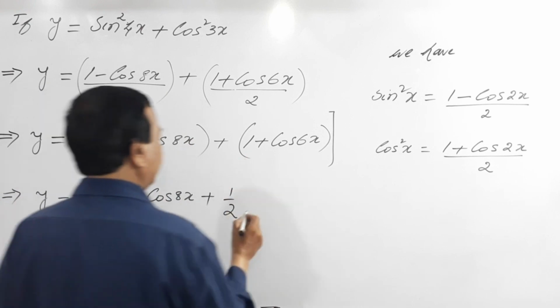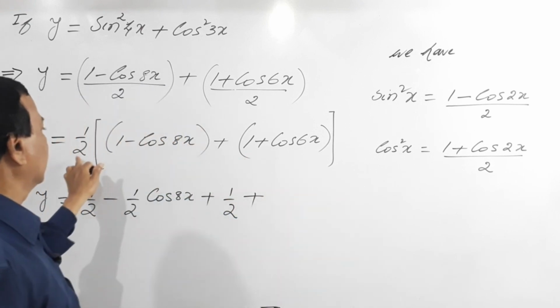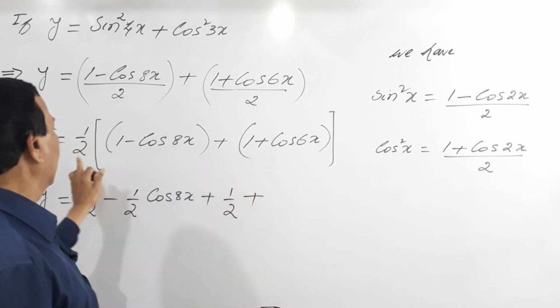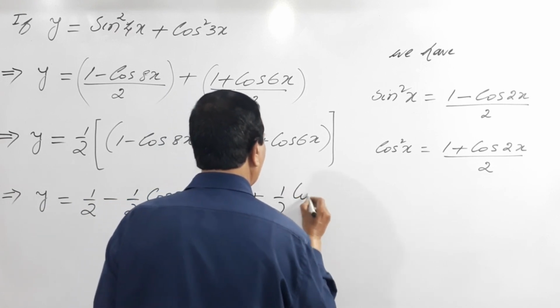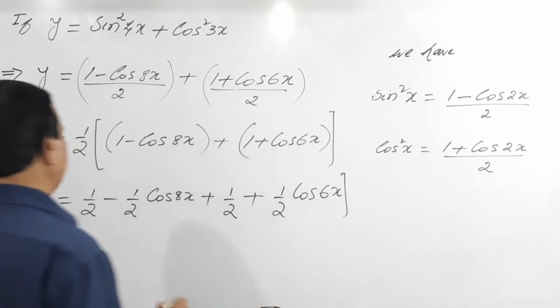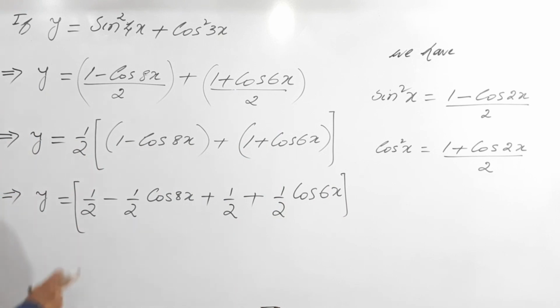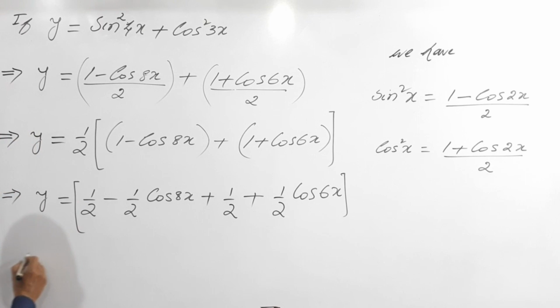Again half into this becomes plus sign, plus half cos 6x. So I will add a bracket here too. So what happens here? We have plus half, that becomes 1.